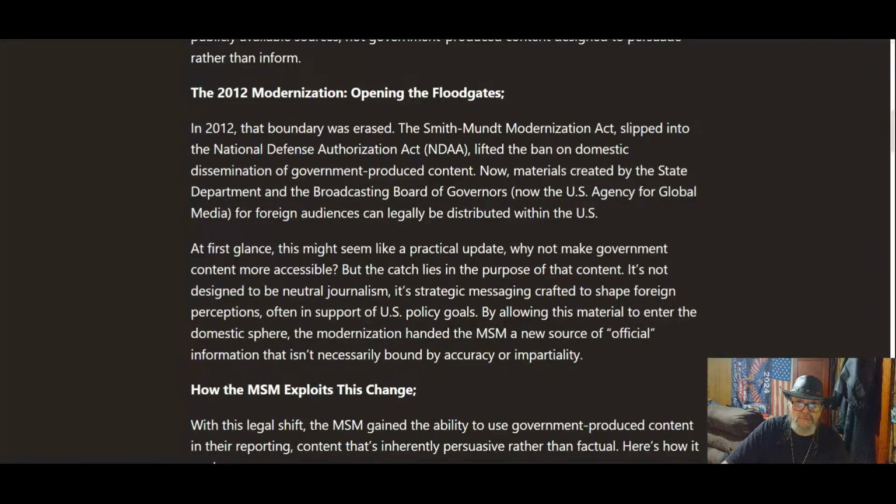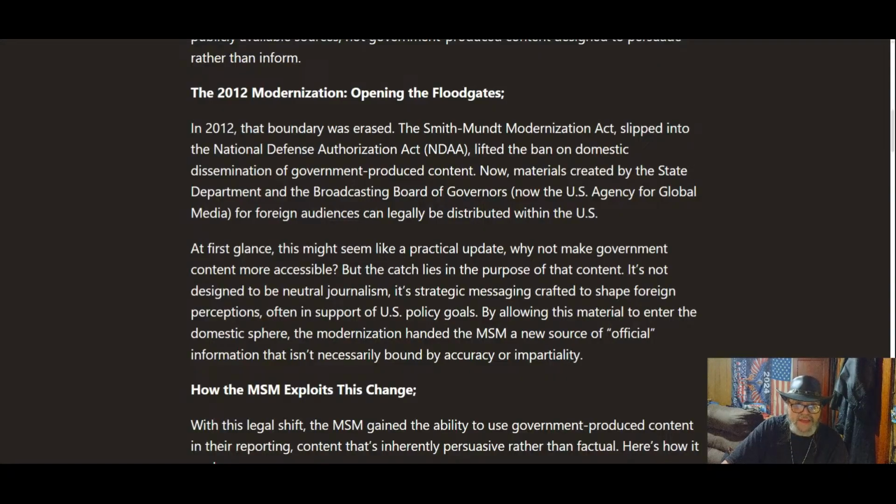The Smith-Mundt Modernization Act slipped into the NDAA and lifted the ban on domestic dissemination of government-produced content. Now materials created by the State Department and the Broadcasting Board of Governors, now the U.S. Agency for Global Media, for foreign audiences can legally be distributed within the U.S.